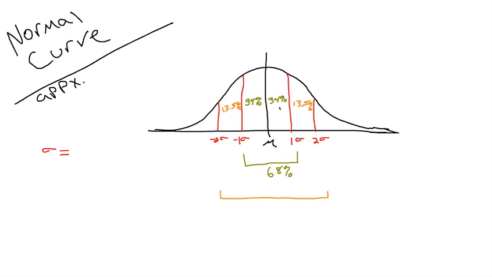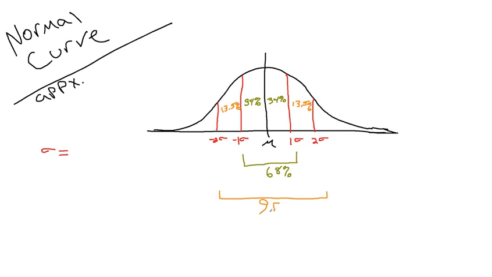Let me pull out my trusty calculator here. What do we got? 13.5 plus 13.5 plus 34 plus 34. So you've got, wow, 95%. So 95% of our scores falls within 2 standard deviations.